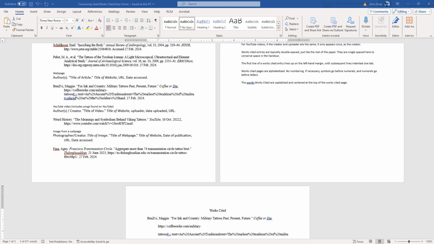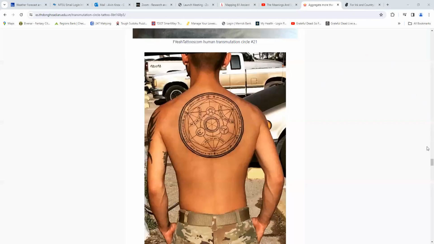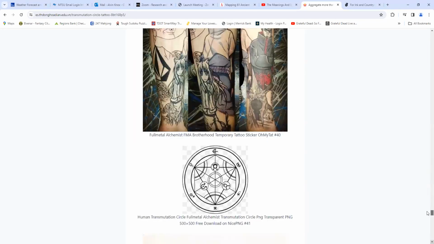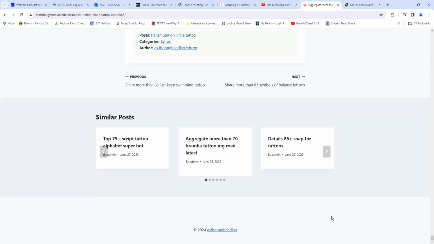And one thing I did, and I'm going to go back and change screen shares again. One thing I did when I was looking at this was I looked for that copyright indicator, right? And it's almost always at the bottom of a web page. Copyright 2024 ESTH Dong Howdian. Okay.